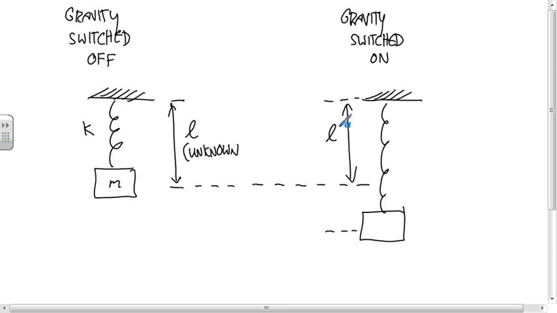There'll be this distance L to get to where it was before, and then there'll be this extra distance mg over k that the mass hangs. Okay. Any questions about that? Okay.